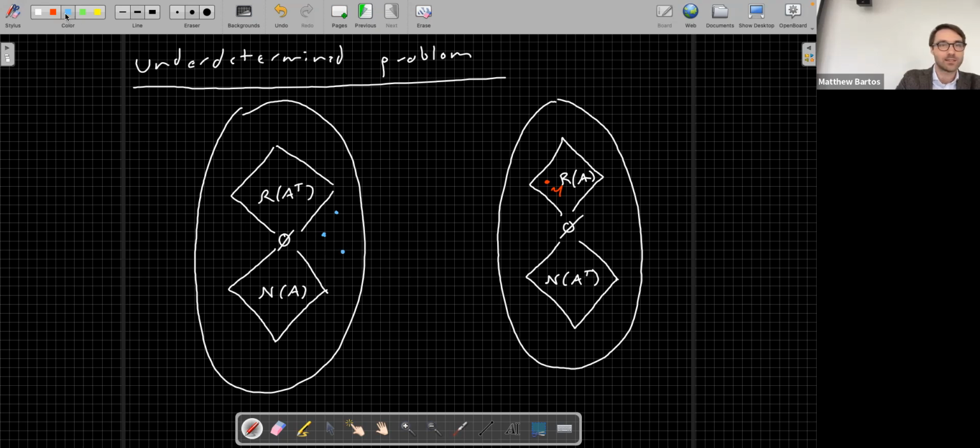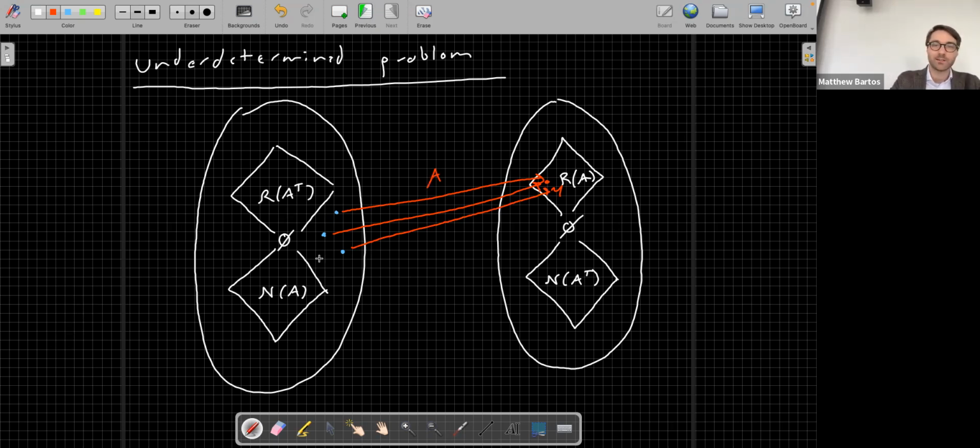So let's draw those lines here. So all of these different vectors in our domain map to our vector Y in the range of A when you apply A to them.